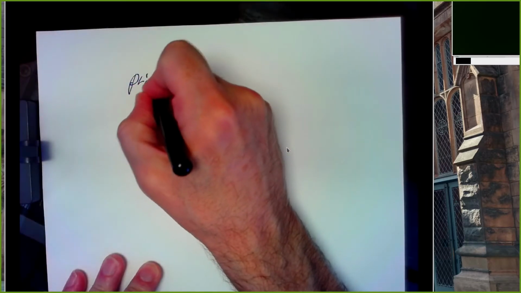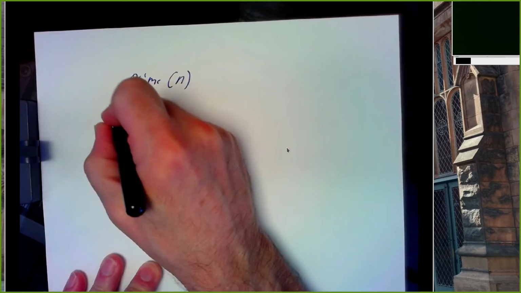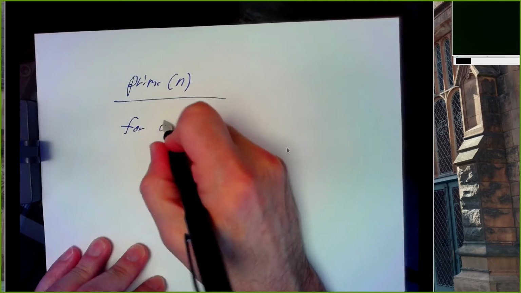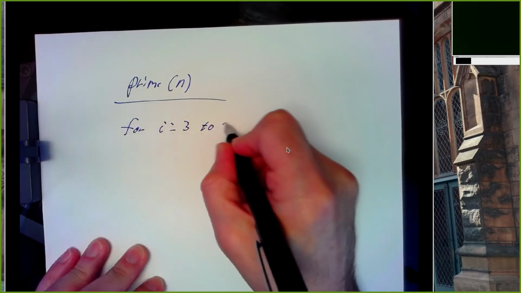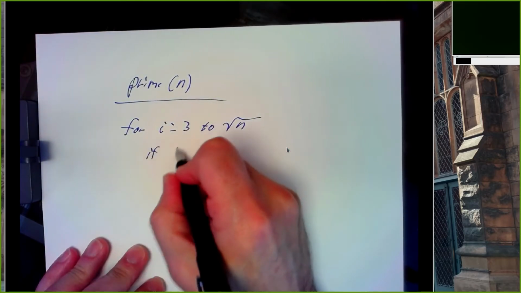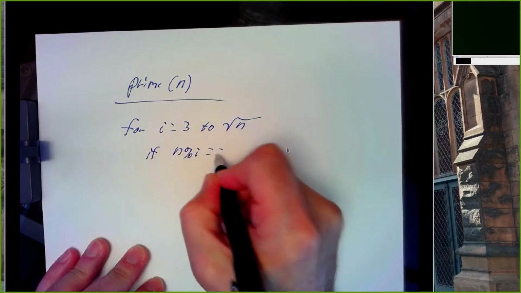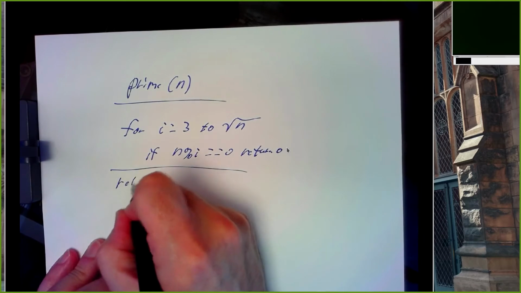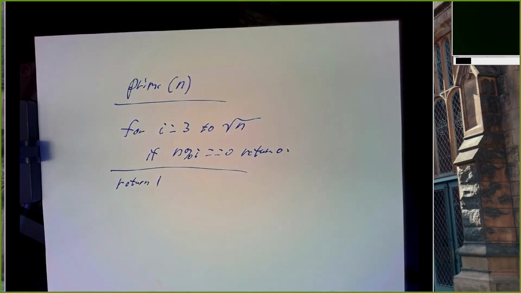So let's pseudocode a prime number algorithm. There you go.